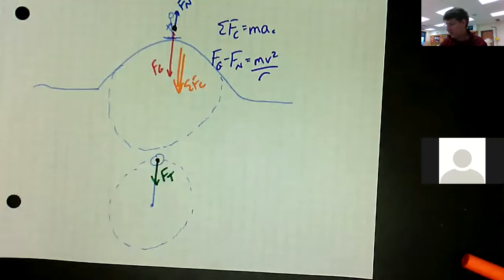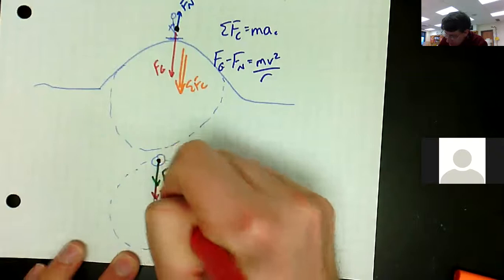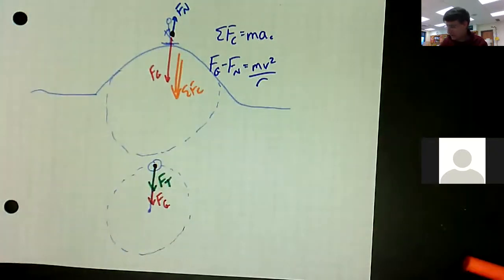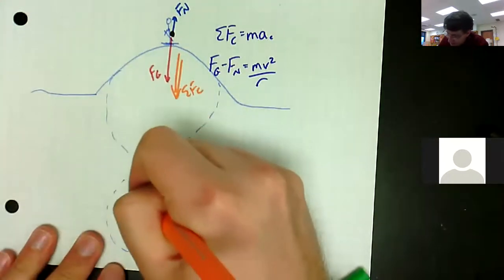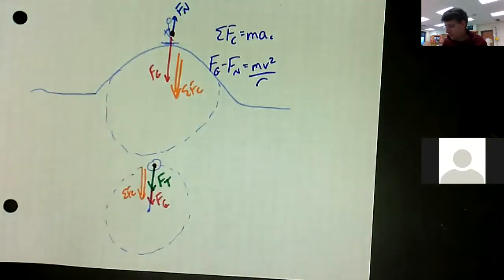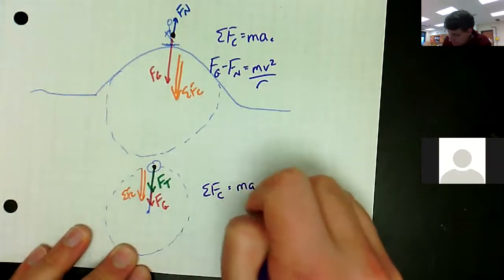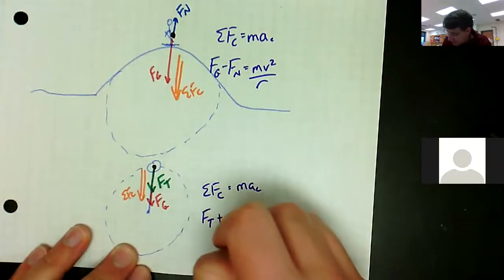And also, I have gravity going down because that's what gravity does. So in this case, my centripetal force, if I were solving this, would be equal to tension plus gravity.